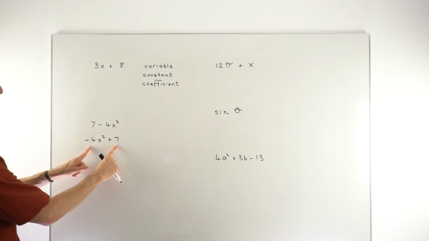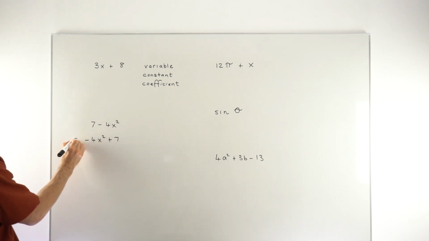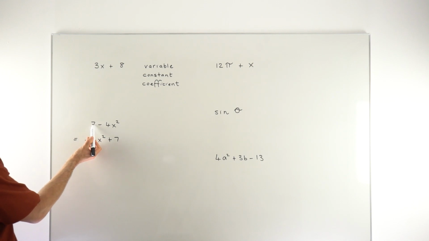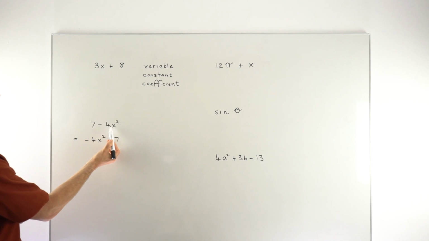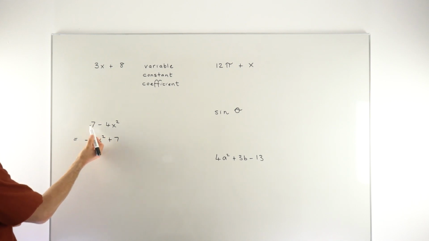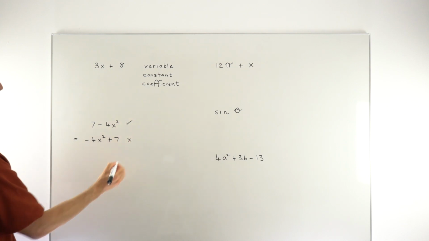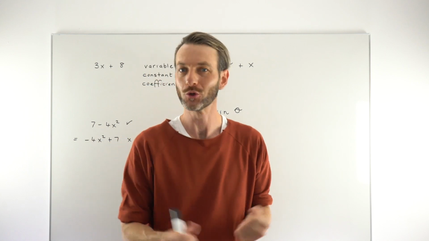If you ever saw something like that, you might want to rewrite it like that. These are the same thing. These mean the same thing. These are equal. The important thing is the 7 here is positive and it's positive there. The minus 4x squared here is still a minus 4x squared and it's the same here. These are equal. We just prefer this one to this one. It's not wrong. It wouldn't be marked down, but we just don't like it.